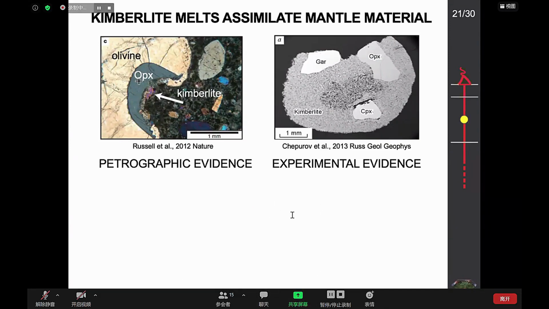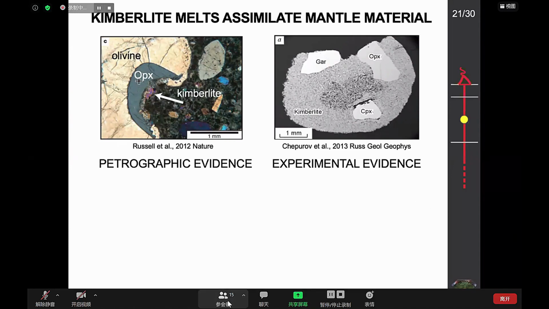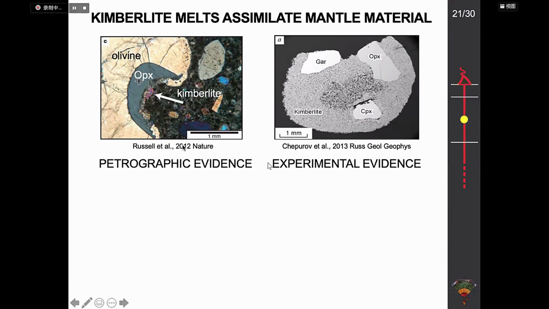Okay. So here I was at the point where an assimilation process was proposed as an explanation for the former chart, a process for which we have extensive evidence in the petrography. You can see, for example, from this image on the left-hand side, where orthopyroxene is clearly resorbed by the kimberlite melt that then crystallized the groundmass.